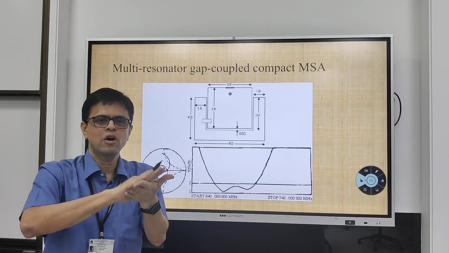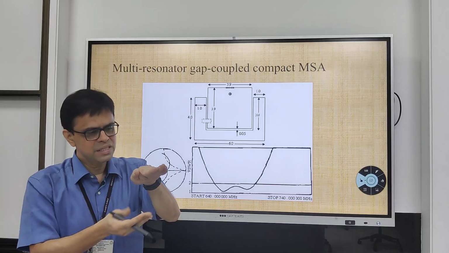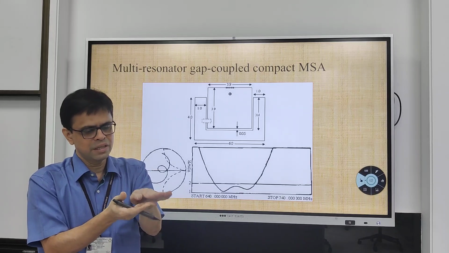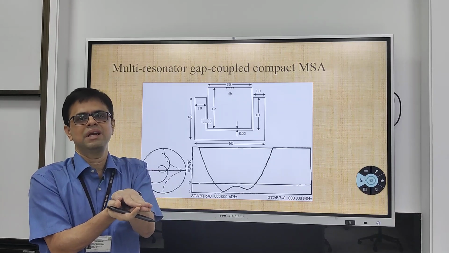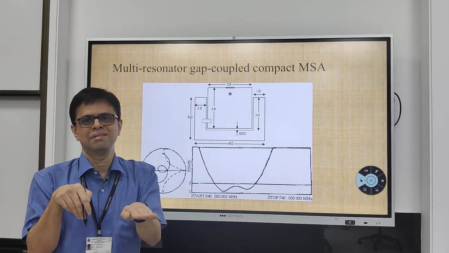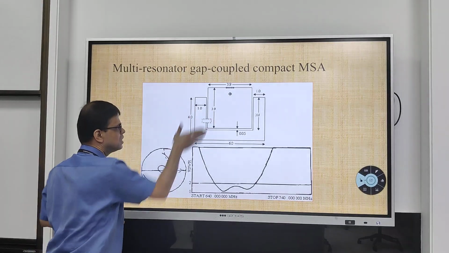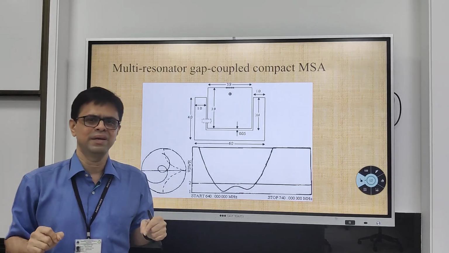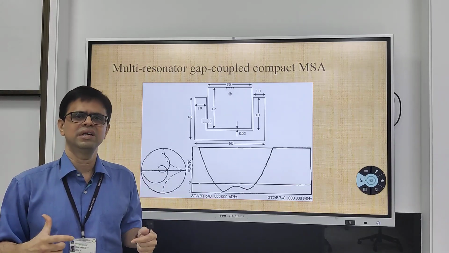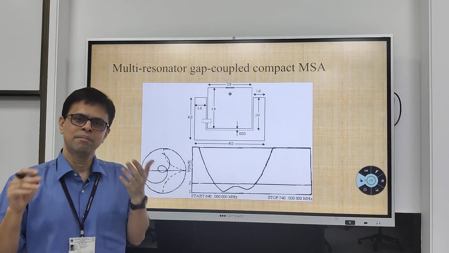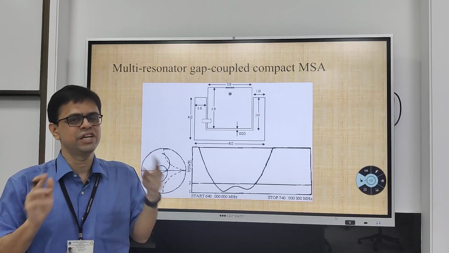Remember, it's not a direct copper contact that we are doing, but a strip which is placed, the bottom portion of which is non-metallic, and there is no direct soldering of the two patches. So by putting this additional coupling strip, you can increase the bandwidth. This is called the hybrid mode of coupling. In some configurations, you may see designs where a direct shorting is also done, but there the fundamental mode of the patch changes.